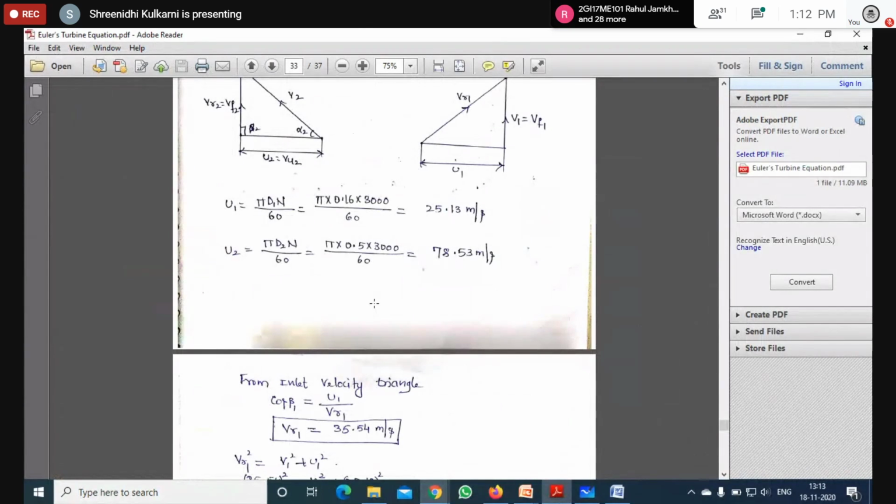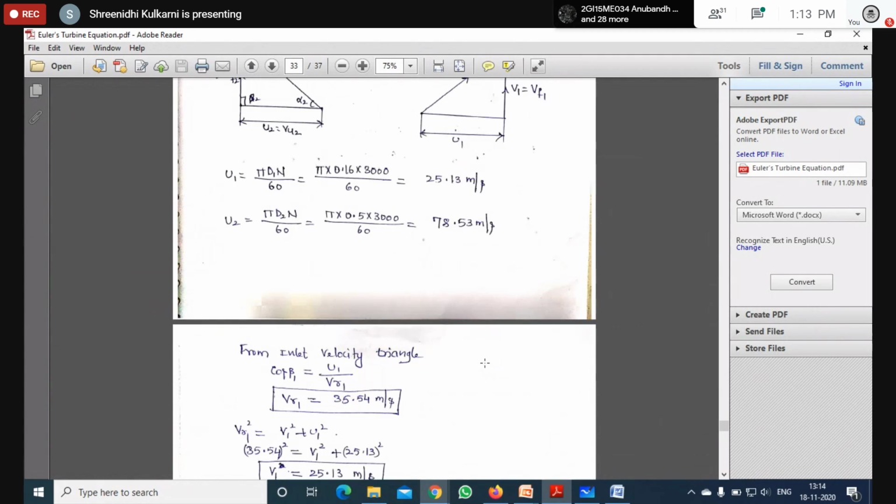Next, from the inlet velocity triangle, find out VR1, because we know beta 1. So cos beta 1 is adjacent by hypotenuse, so U1 by VR1. Find out the VR1 value.